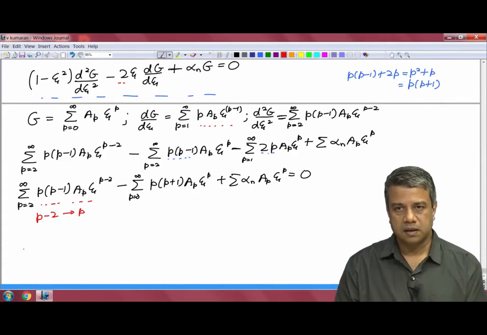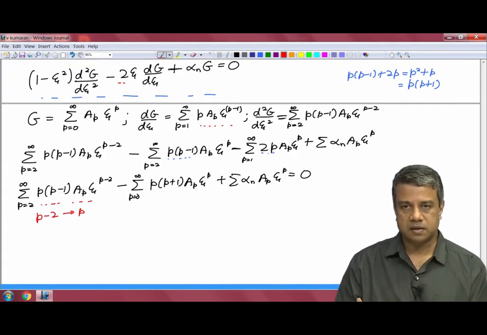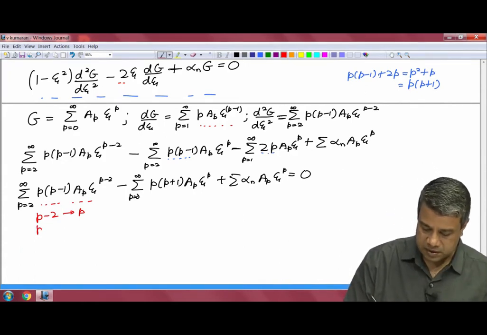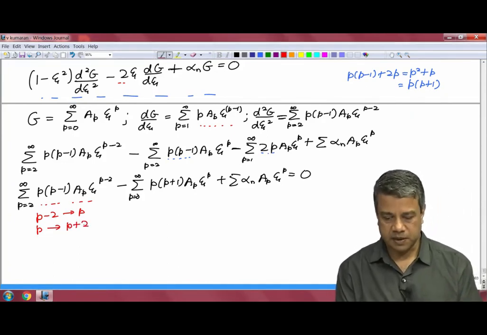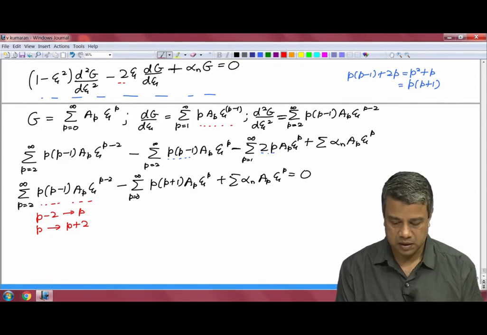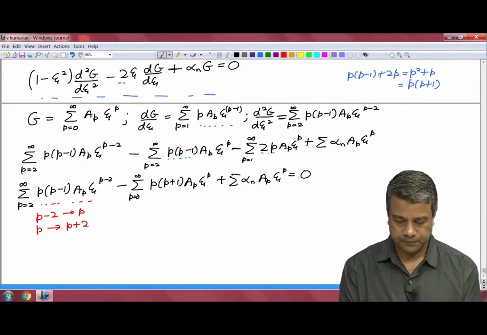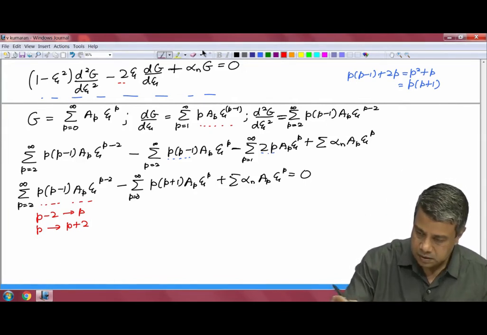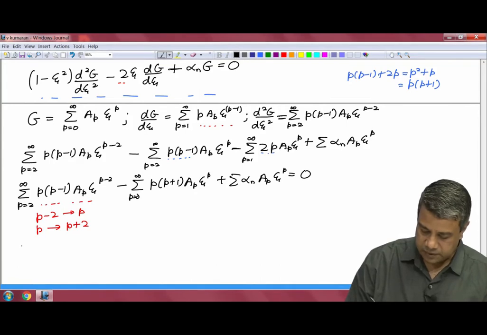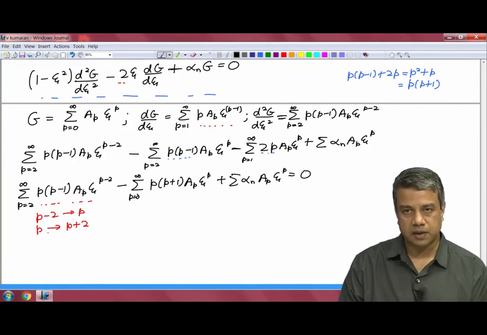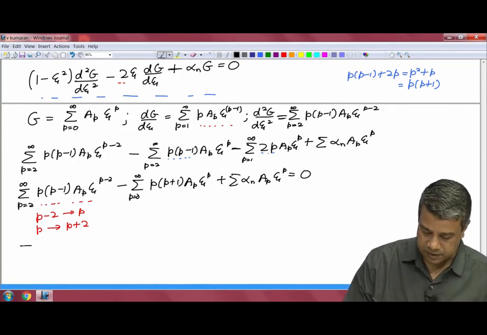I just renumber p minus 2 as p, which means that p becomes p plus 2. And the limit goes from 0 to infinity. So, therefore, when p is equal to 2, when I renumber it, I just get from 0 to infinity.